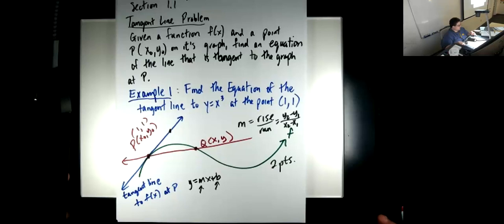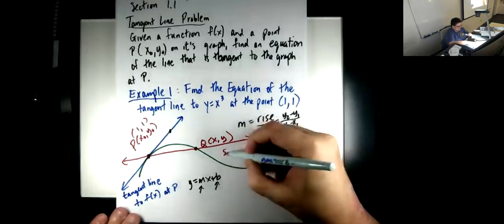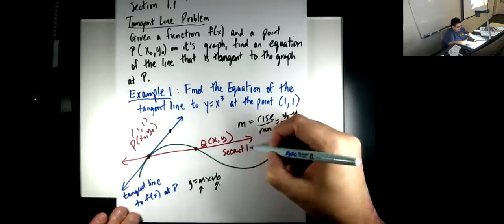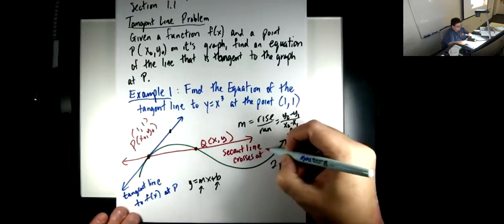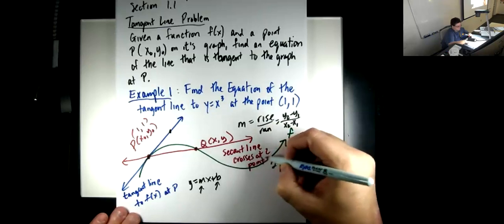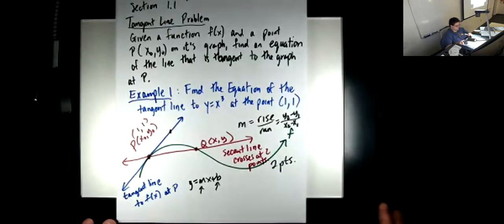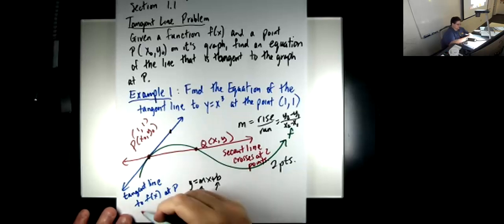X naught, y naught are substitutes for values. X, y are clearly variables. This is the secant line. A secant line crosses at 2 points. A tangent line crosses at 1.